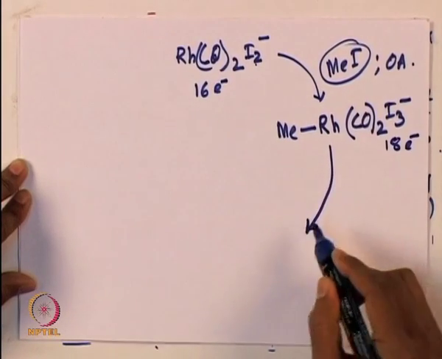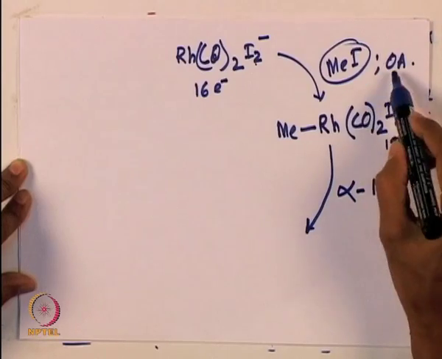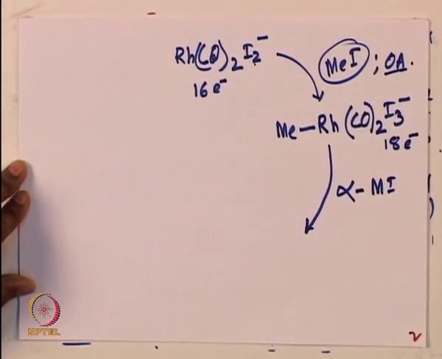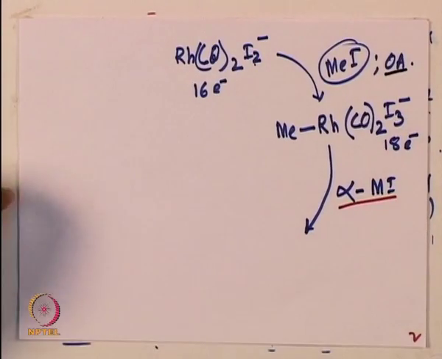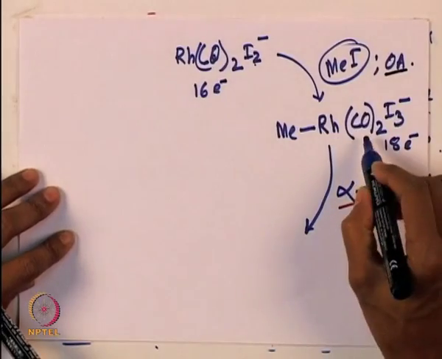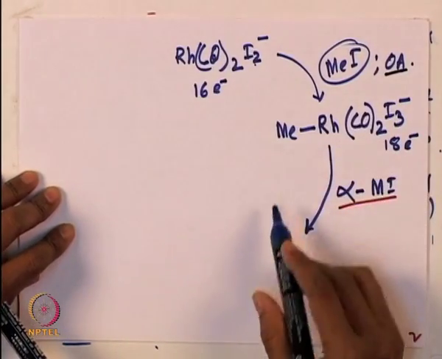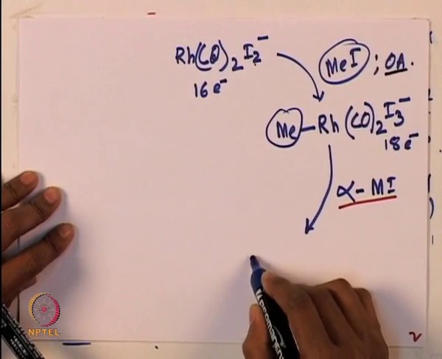From there on you can undergo alpha migratory insertion. That is what we have studied. We have studied this oxidative addition, we have studied also this alpha migratory insertion. That means you will see that the alkyl group will migrate into CO, that we have discussed previously.